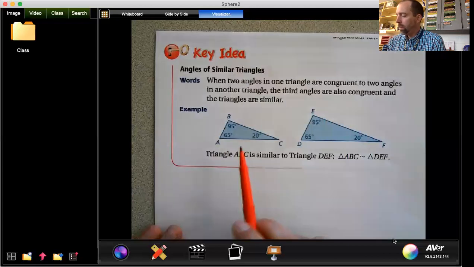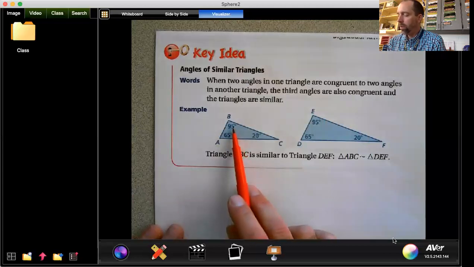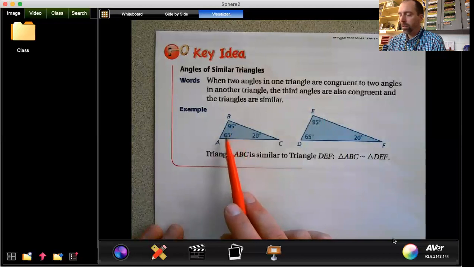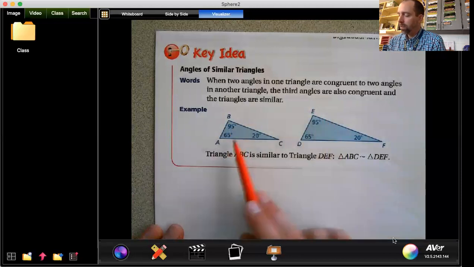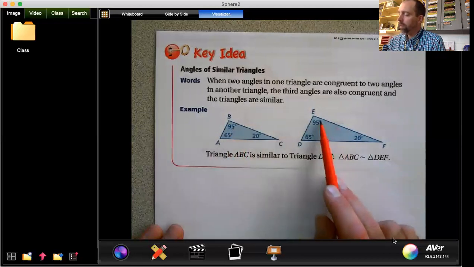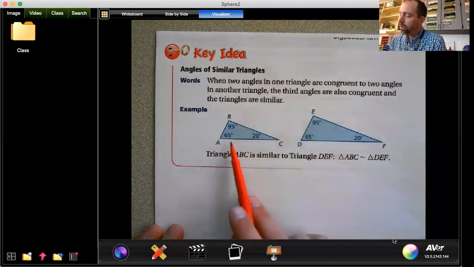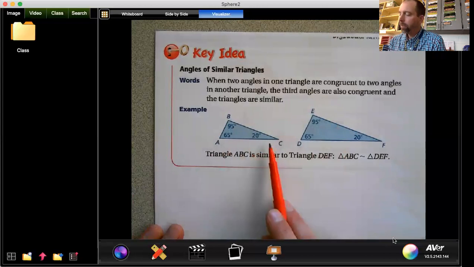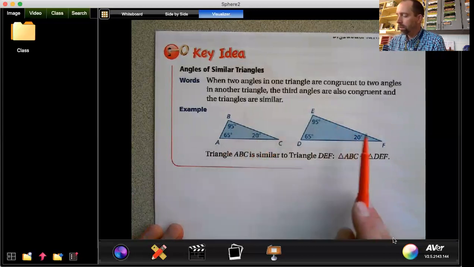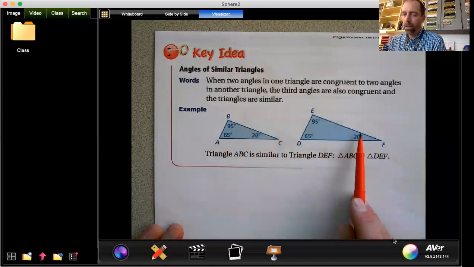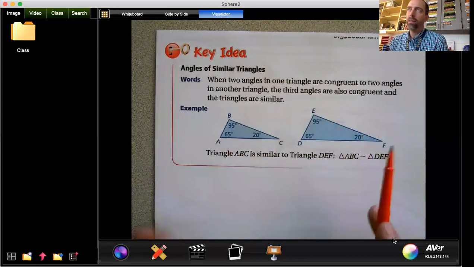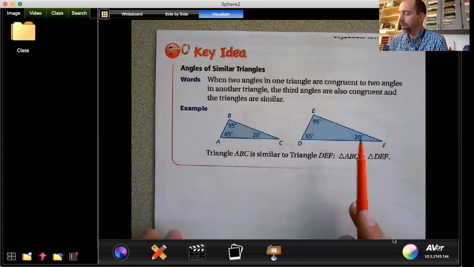So if all we knew were this 95-degree angle and this 65-degree angle in this smaller triangle and this 95-degree angle and this 65-degree angle in this larger triangle, we would know that these two triangles have to be similar because their third angle is also the same, because in a triangle, the sum of the interior angles has to add up to 180.